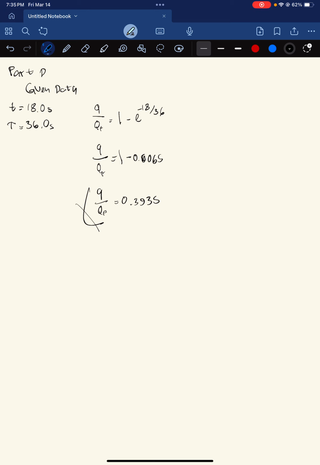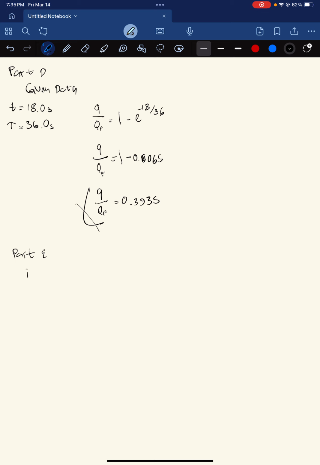Now we'll go with part E. For part E, find the fraction of the initial current present at t equals 18 seconds. Technically, it's the same thing, so for part E we only have to take the 1 out.